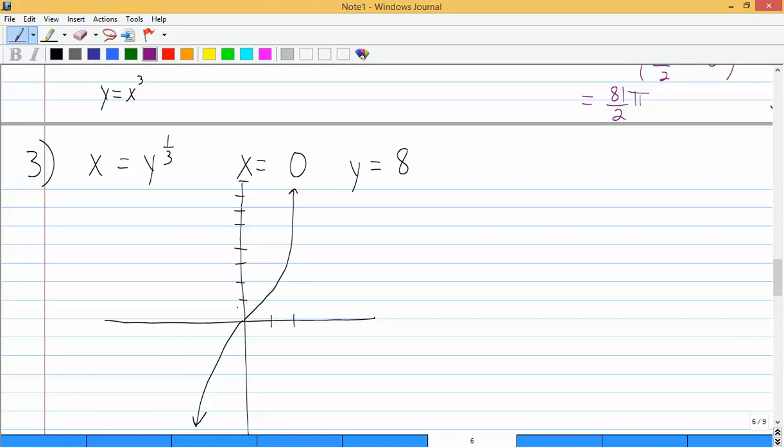X equals 0 is the y-axis. So it's that line there. And then y equals 8. I mean, I have the best scale here. But there's y equals 8.